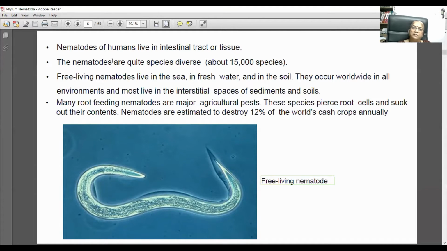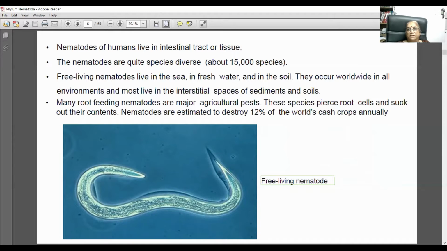These nematodes occur worldwide in the environment, and most live in the interstitial spaces of sediments and soils. Many root-feeding nematodes are also present, which are agricultural pests.